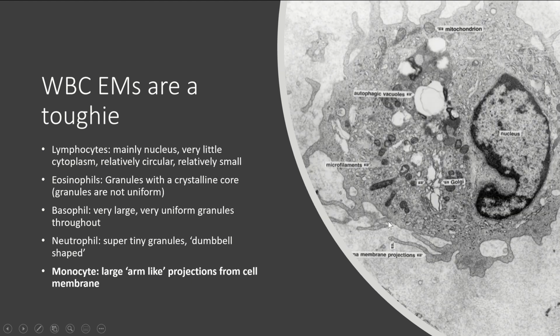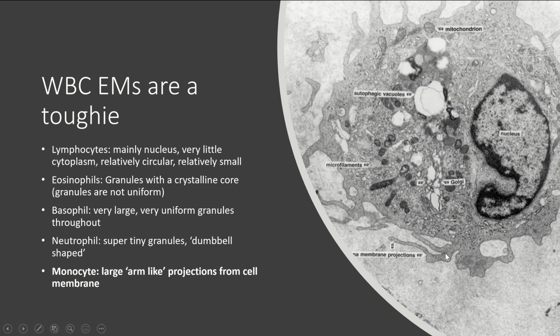Okay. And then the next one is going to be a monocyte, and this is the one that people have trouble with the most. But the way I'll tell you is, remember we said monocytes are important for phagocytosis, right? They turn into macrophages, and macrophages phagocytose everything, right?